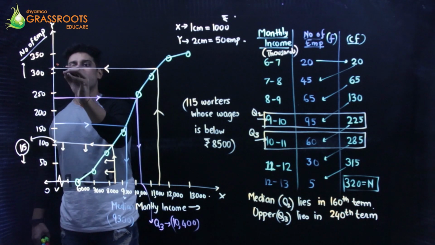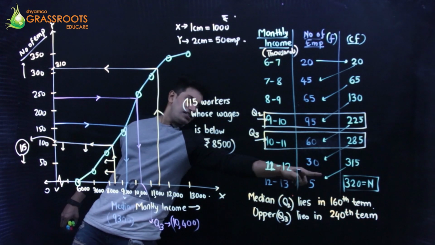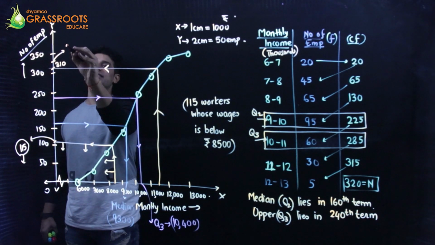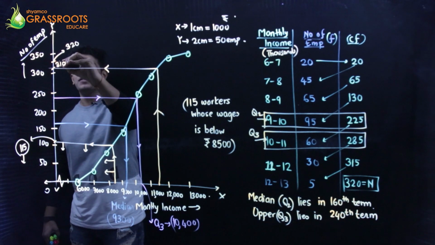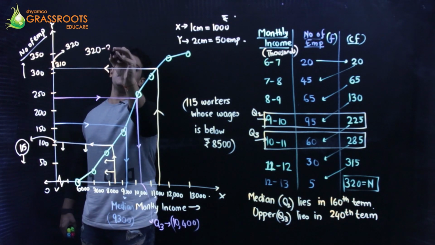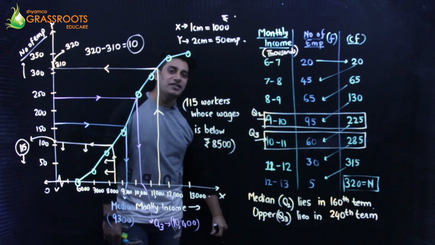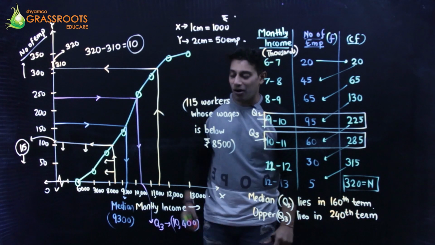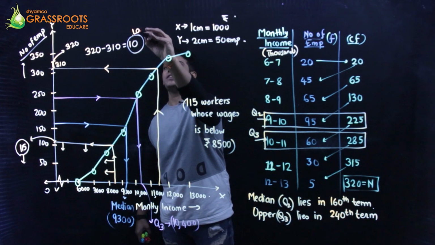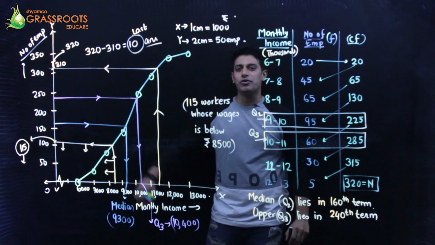So this will be somewhere around 310 approx. The last ending is 320. So how much is the gap? 320 minus 310. There are 10 employees whose salary is above 11,500. So this is my last answer: approx 10 to 12 workers.